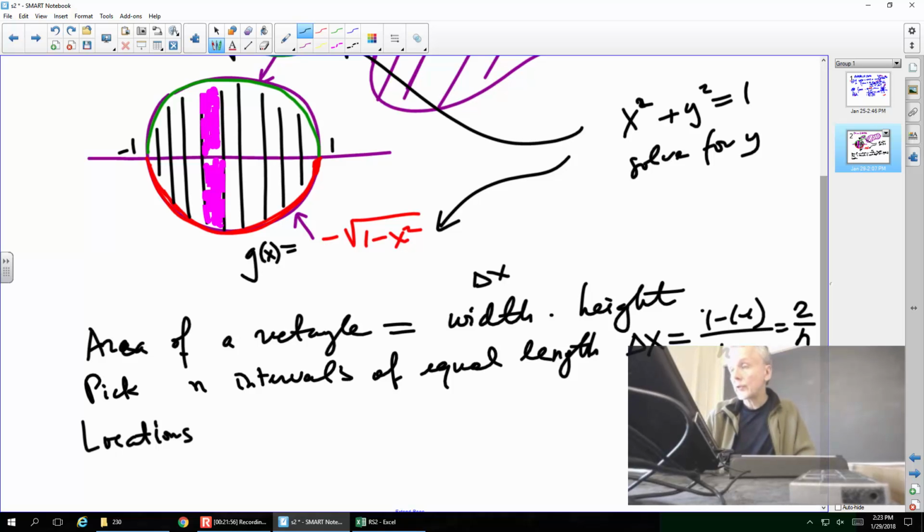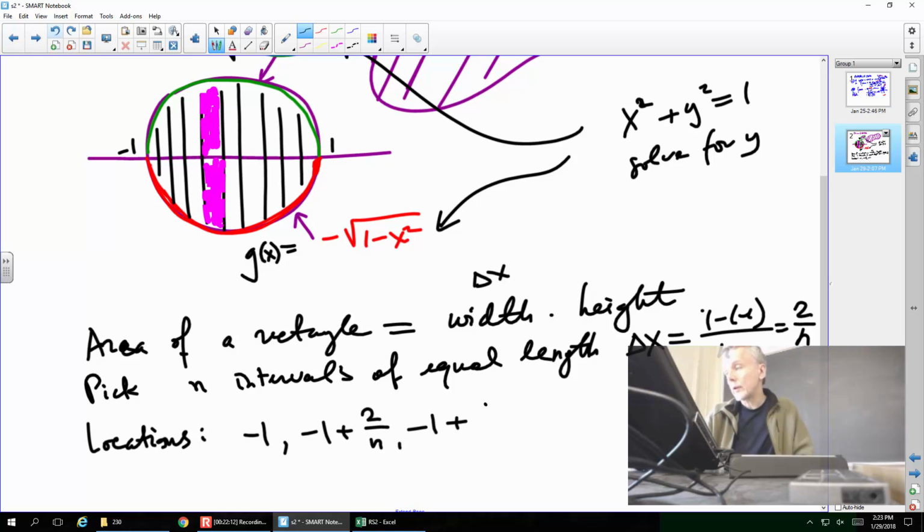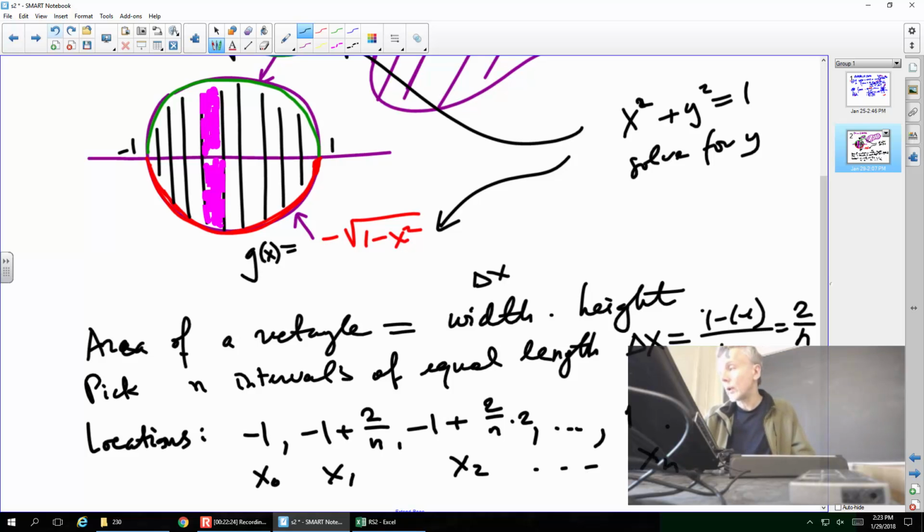So they will be starting with negative 1, then negative 1 plus 2 over n, negative 1 plus 2 over n times 2, and so on. And the last one will be 1. Okay, so we add 2 over n at a time. So this is x naught, x1, x2, and the last one xn.